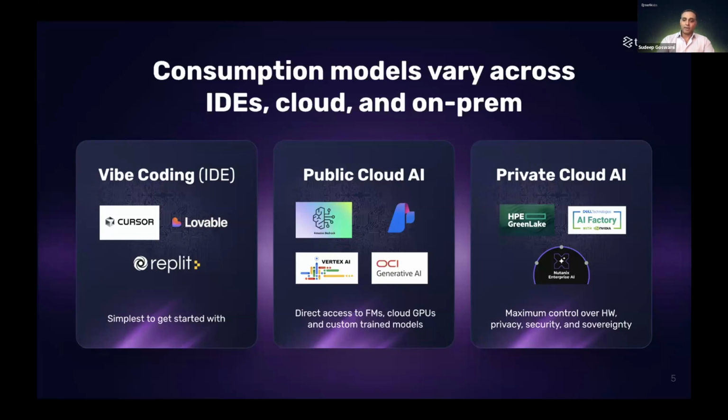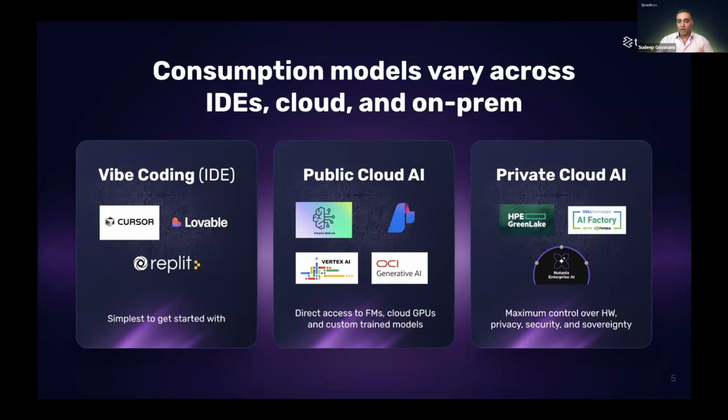And then the third one, which I believe is where a lot of the growth is happening, is private cloud AI. This is where companies like HP Enterprise, Dell, and Nutanix are taking the lead, providing users with maximum control over their hardware, their privacy, and their security, and allowing them to create these sovereign AI environments.